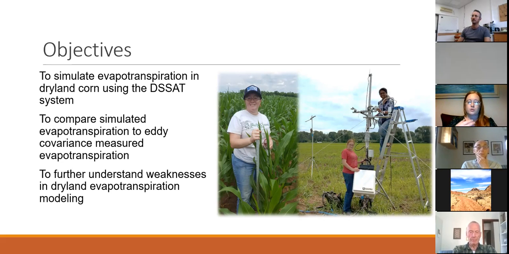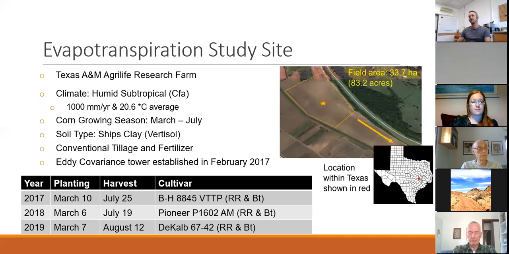And our goals are to further understand the weaknesses in dryland evapotranspiration modeling, because that's one of the areas where DSSAT tends to struggle, with simulating ET and other water parameters in dryland systems as opposed to irrigated systems.